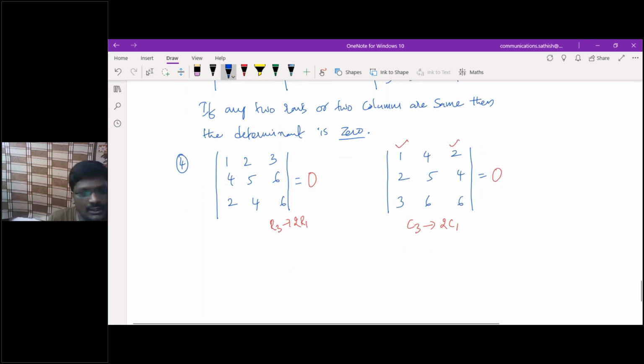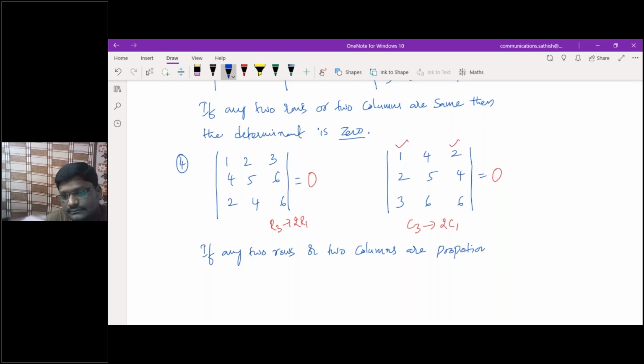So write down, if any two rows or two columns are proportional to each other, then the determinant is what? 0.